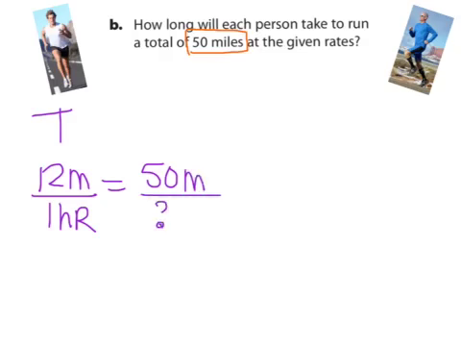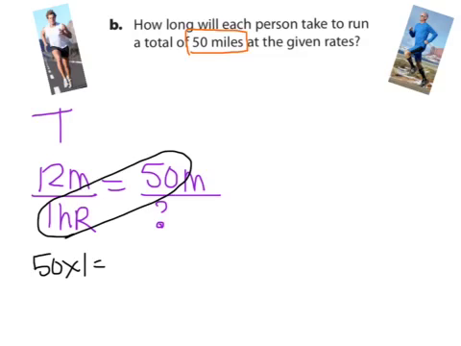And we figure out the time. To figure out this new quantity, what I'm going to do is cross multiply 50 times 1. 50 times 1 is 50. And then this other number that's left over, 12, I'm going to divide it into my answer. So I'm going to put 50 in the box and 12 outside the box.